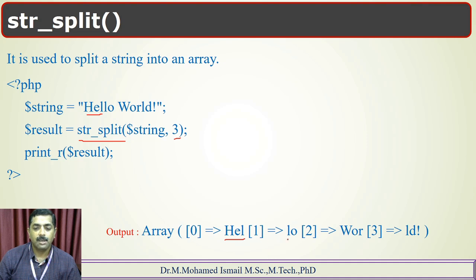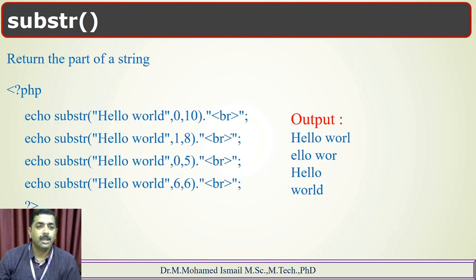First index LO and some space is there, LO including a space, so 3 characters it has taken. Second index WOR has taken here. And third index LD and that exclamation mark. So all the 3 letters it has taken. Instead of 3, I can mention whatever number I wish, and it can take that many characters and convert them into an array.